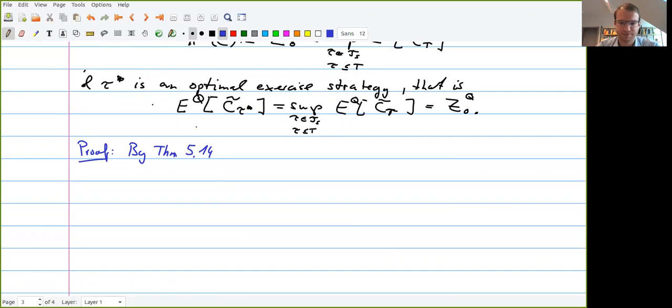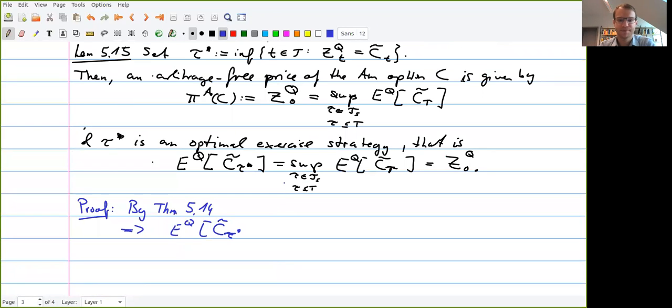Okay, so let me write this down. I know if I stop the discounted payoff with respect to Q at time tau star, this is equal to the supremum over all stopping times which are less or equal than T, and then the supremum among all the stopped discounted problems.